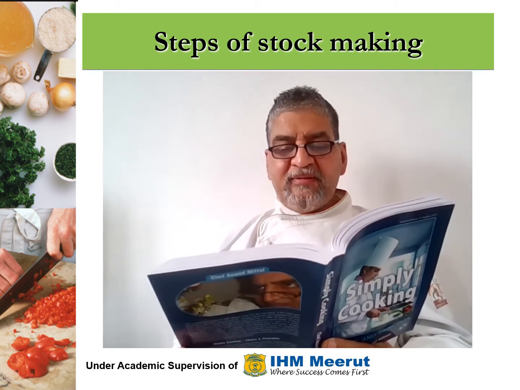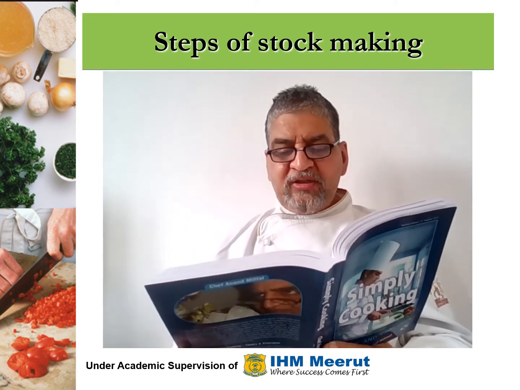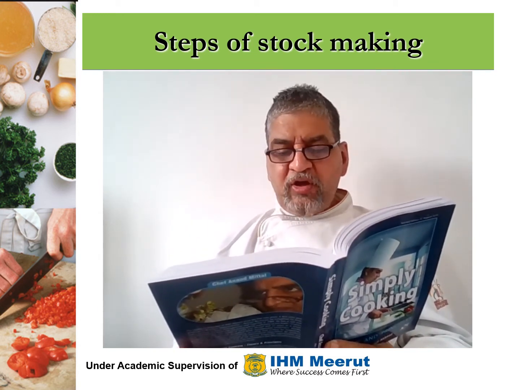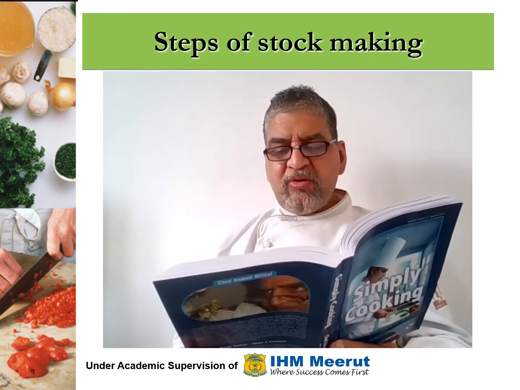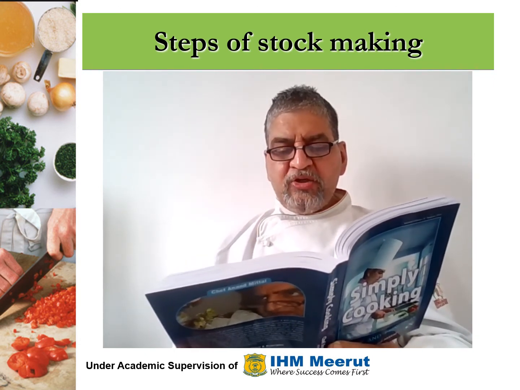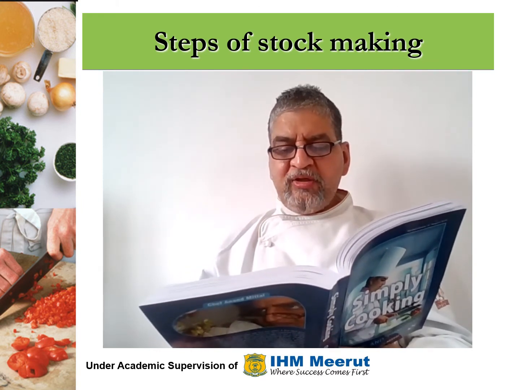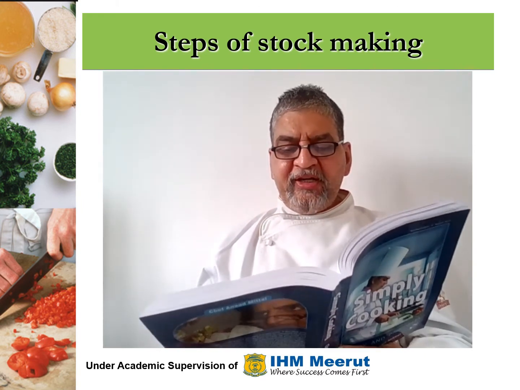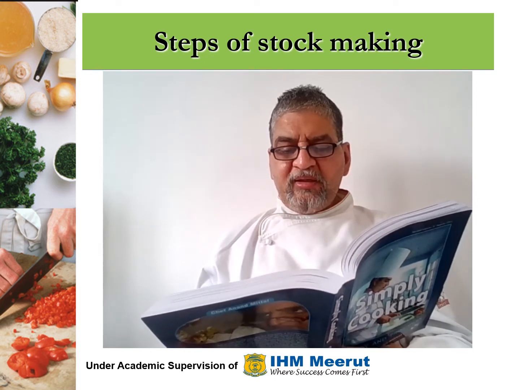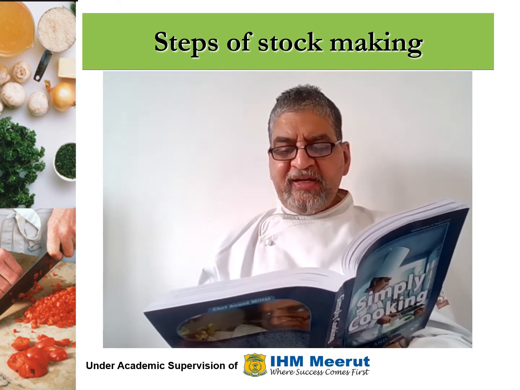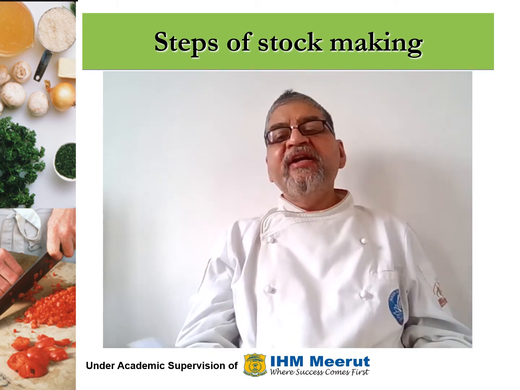Next is skimming. The scum, froth and fat formed on top of the simmering stock should be skimmed with a ladle or perforated spoon periodically, particularly in the beginning. Once clear, it should be left to cook undisturbed.